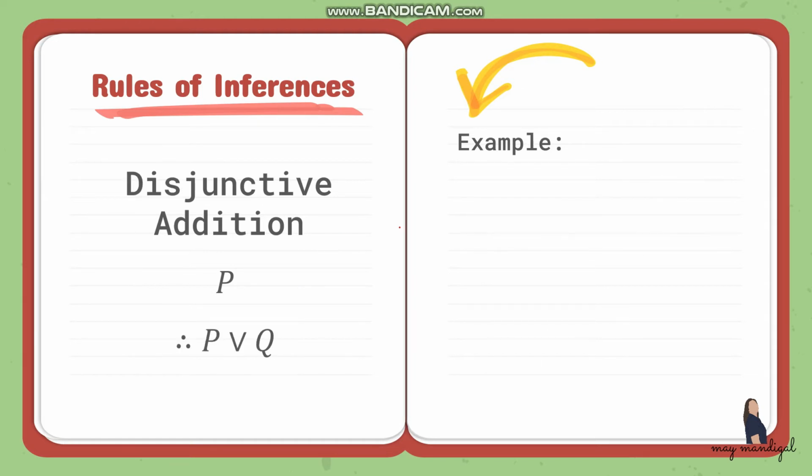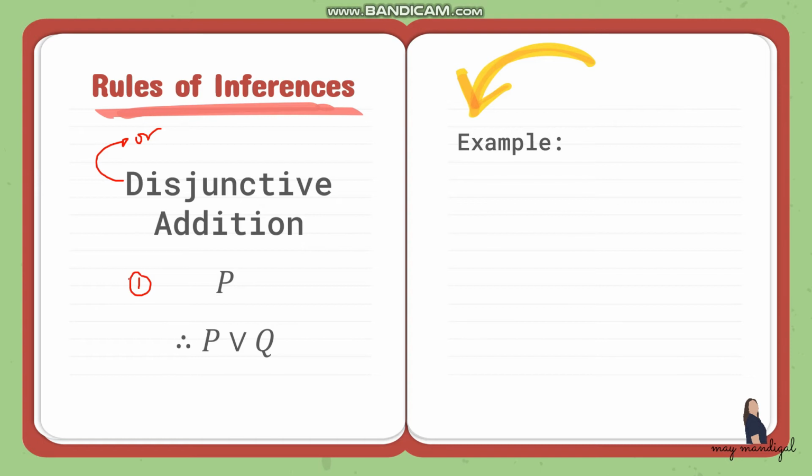Now, we also have what we call disjunctive addition. Since it is disjunctive, again, we are dealing with disjunction, or we use the connective or. In this case, we only have one premise, which is P, a single proposition. Now, we assume this to be true.